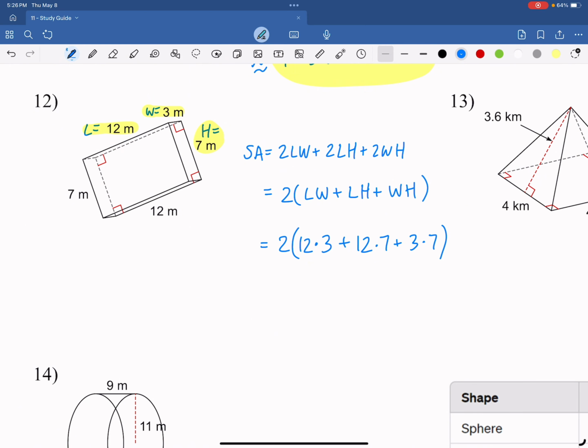If you plug that into a calculator, you should end up with 282. Since the box was in meters, it's going to be meters squared because that is the surface area.